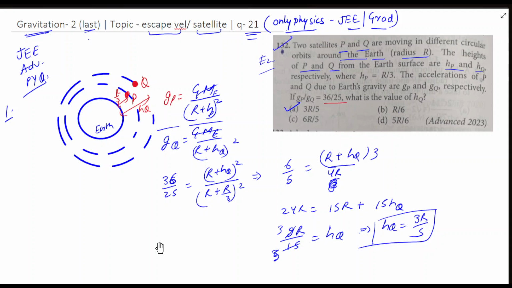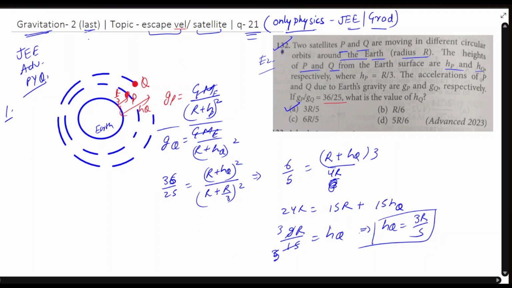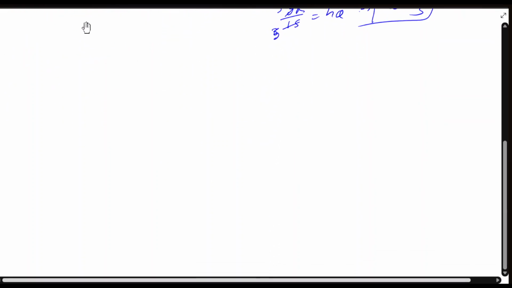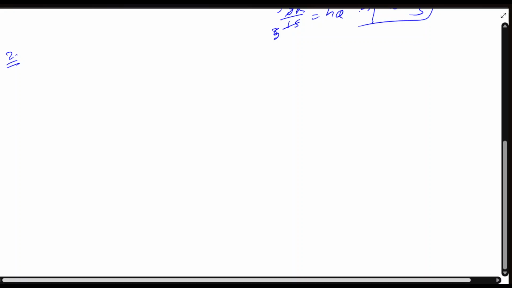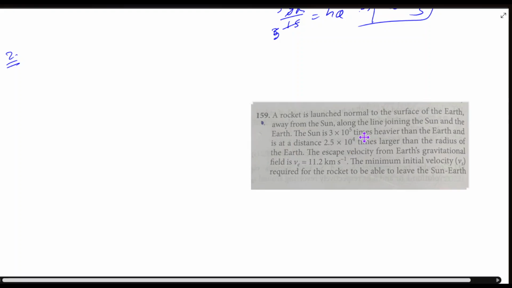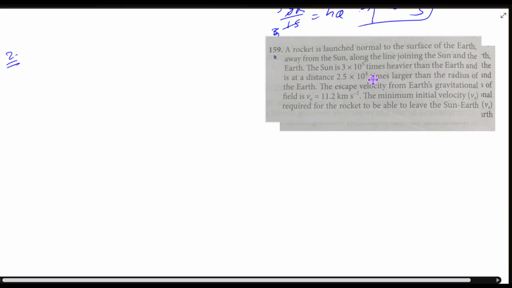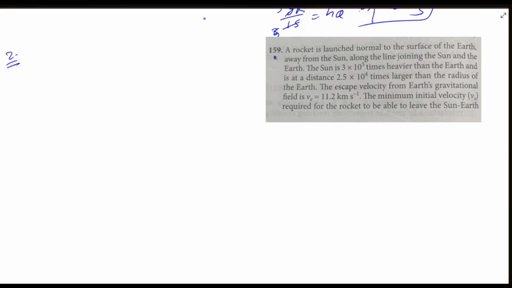Let's move on to our second question. We have a rocket launched normal to the surface of the Earth, away from the sun.